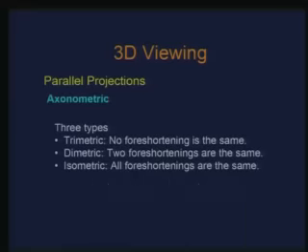I can define three types of axonometric projections: a trimetric transformation, where no foreshortenings are the same, that means f_x, f_y and f_z are all different; a dimetric transformation, where two foreshortenings are the same; and the isometric transformation, where all foreshortenings are the same. You are familiar with isometric.